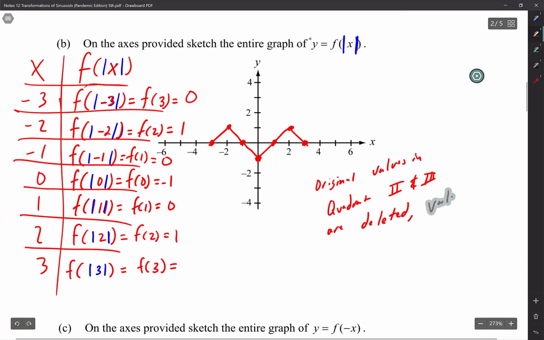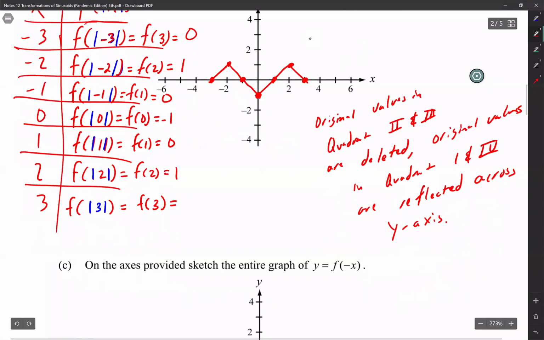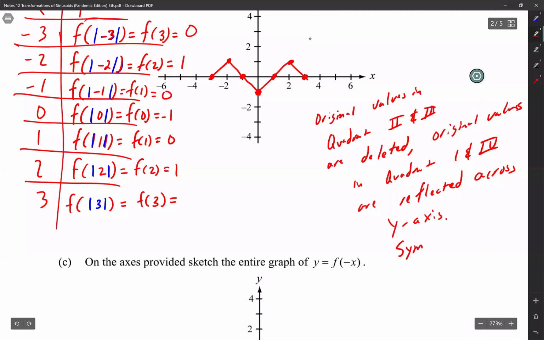Original values in quadrant 1 and 4 are reflected across the y-axis. You know what? We could have just put symmetry on the y-axis. Symmetric about the y-axis.